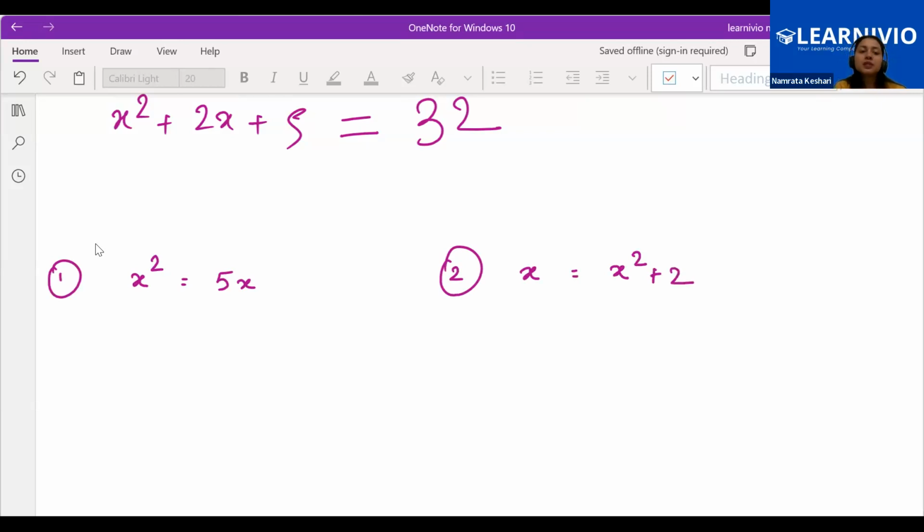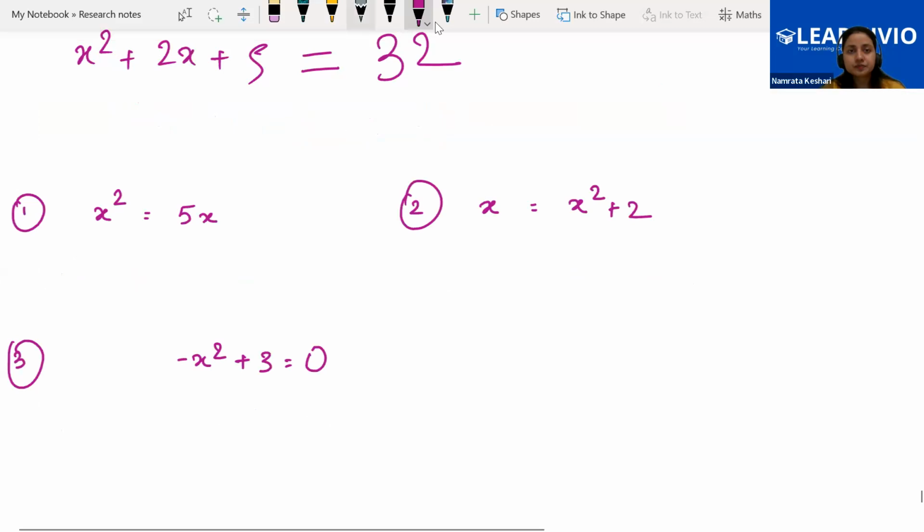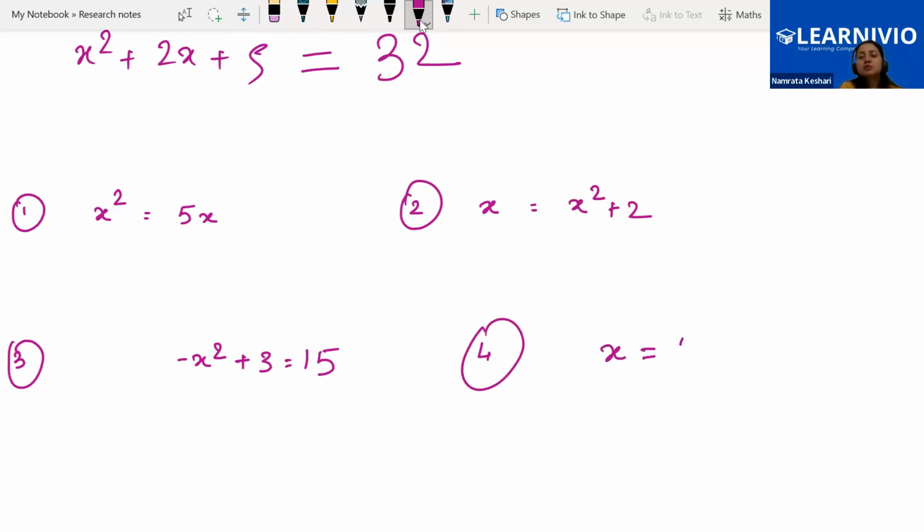Or maybe an equation in the form, let's say, minus x square plus 3 is equals to, let's say, 15. And 4 will be, let's say, x is equals to 3x plus x square minus 5.